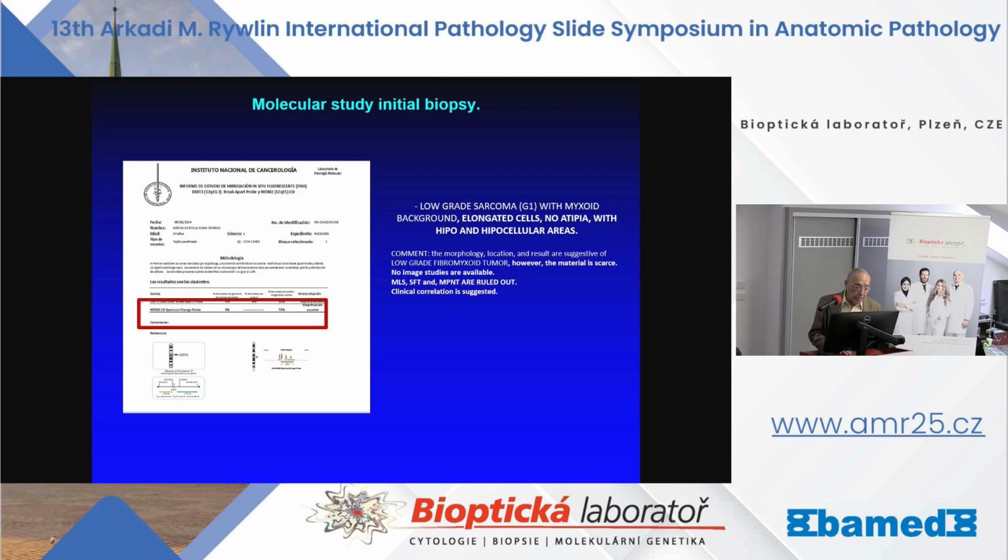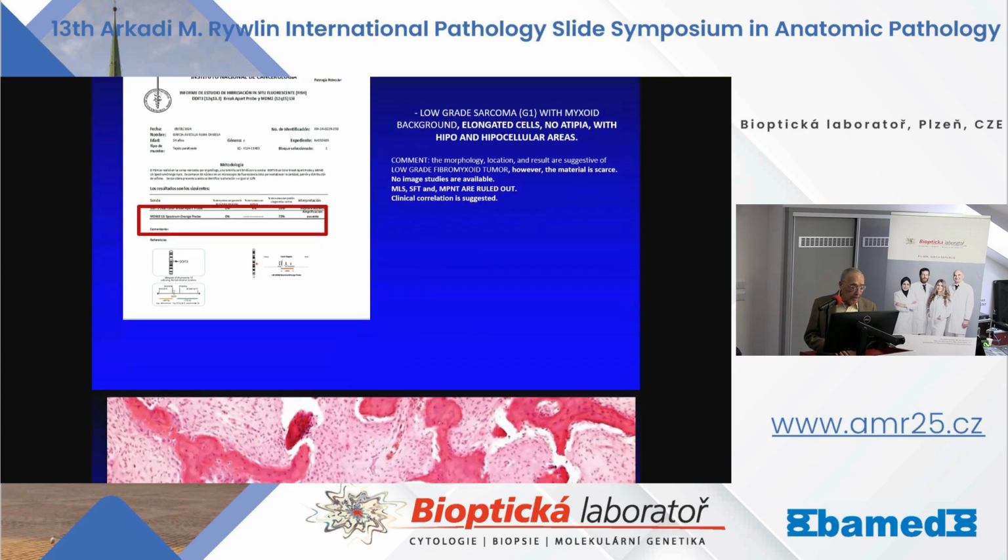So the tumor was diagnosed as a low-grade sarcoma with myxoid background. And everything was ruled out. Leiomyosarcoma, solitary fibrous tumor, malignant peripheral nerve sheath tumor, and liposarcoma were ruled out.